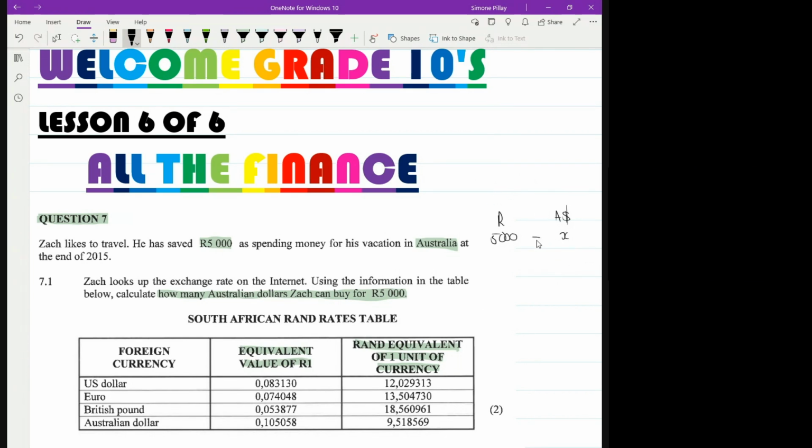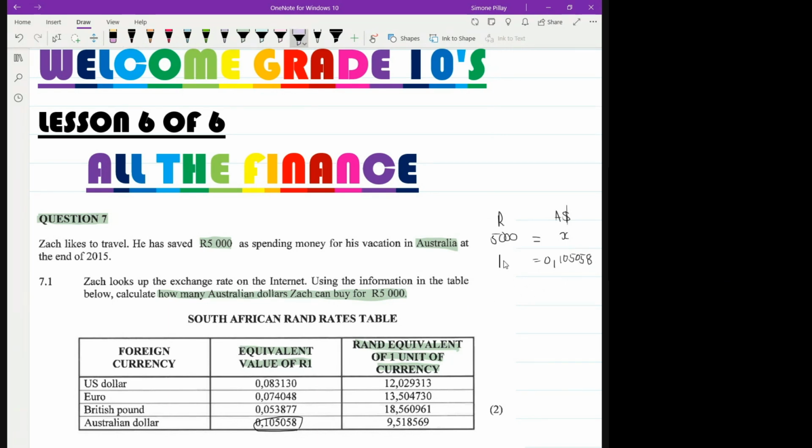The next thing that I want to set up is a second one. And now I could do it either which way. I could go here and say, well, I know 1 Rand is going to be 0,105058. And then what do we do? We cross multiply.